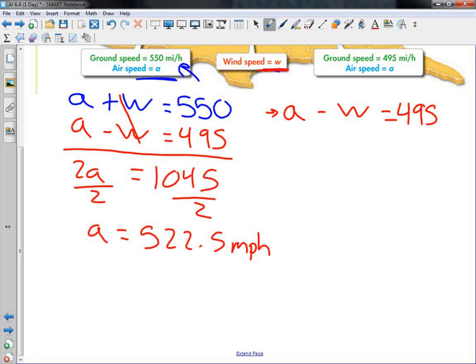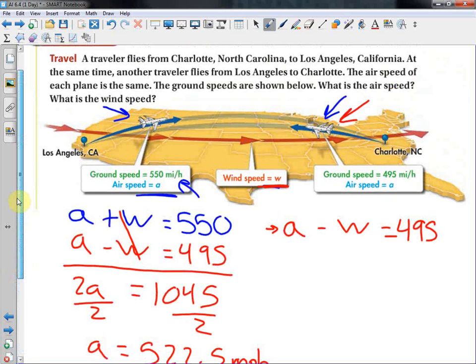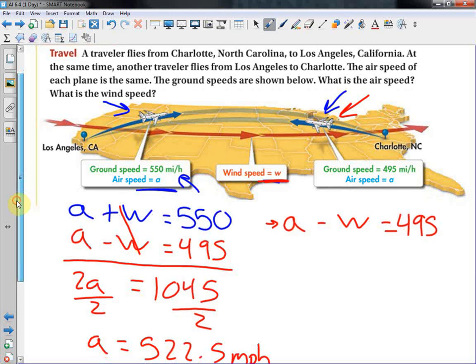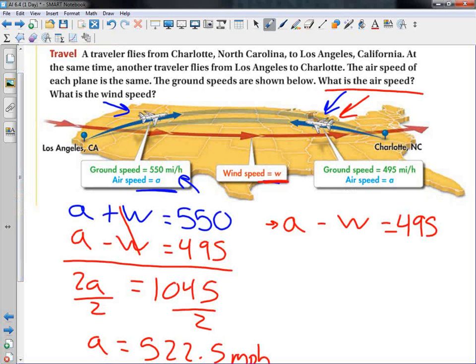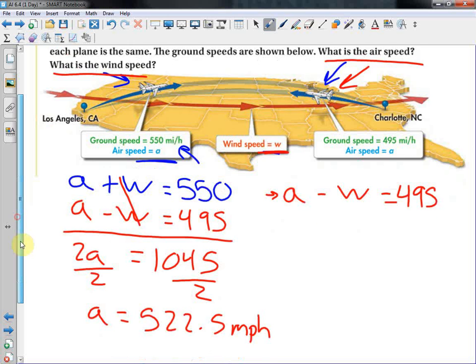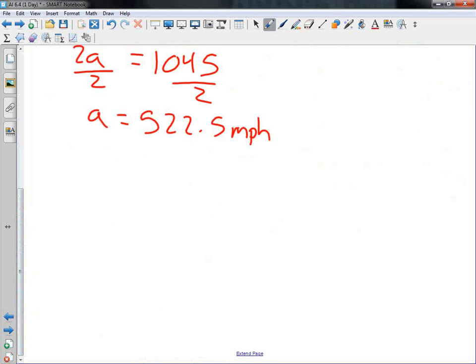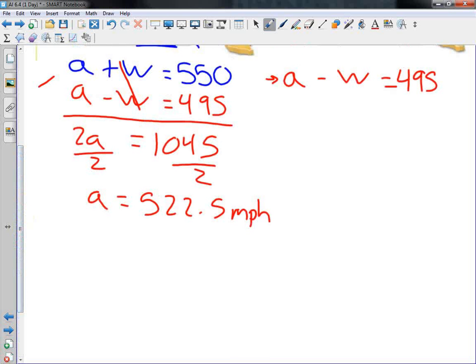Well, let's see what they were asking for. Were they asking for airspeed? What's the airspeed? Okay, so we got that. They went 522.5 miles per hour. But then they also ask what's the wind speed. So let's go back down here. I'm going to drop down one of my equations. I'll use this blue one. So I have A, which I know is 522.5, plus W, which is still unknown, is equal to 550.